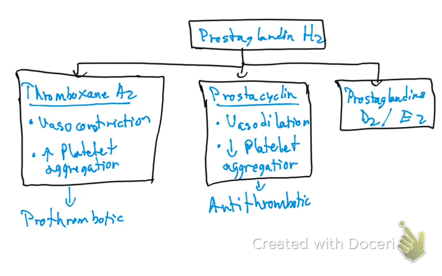And then the last one, prostaglandins D2 and E2. What do they do? Basically they also cause vasodilation. Wow, you have more vasodilation now, so that means you're going to have more vascular permeability.